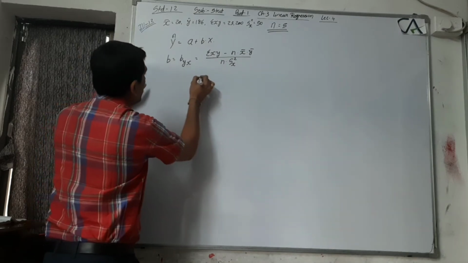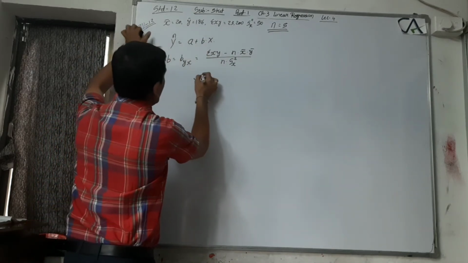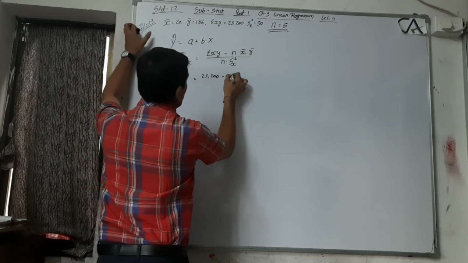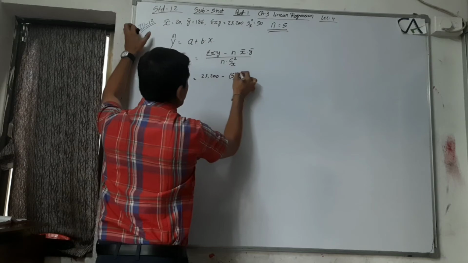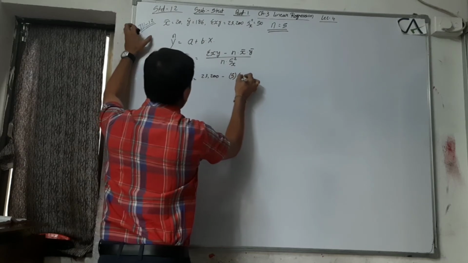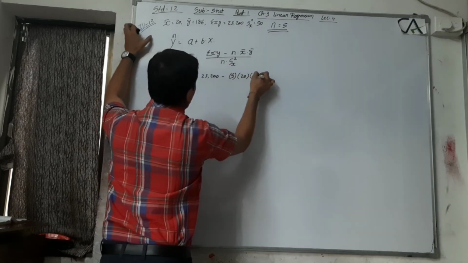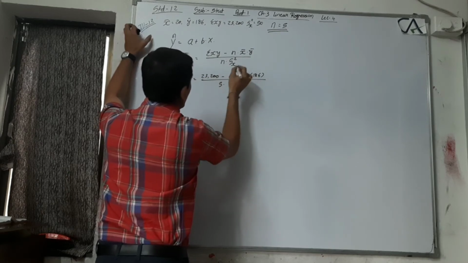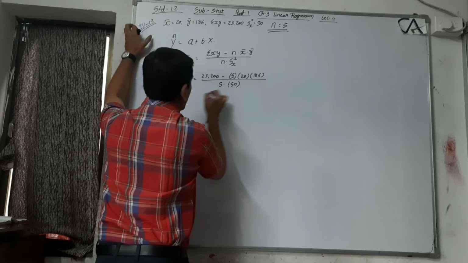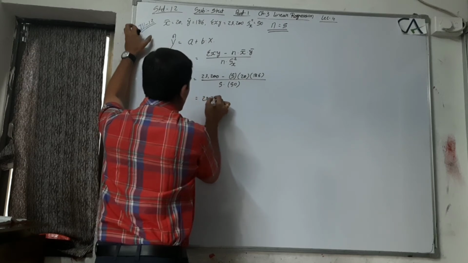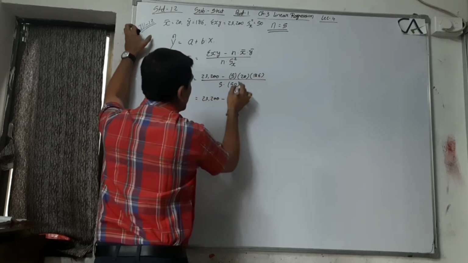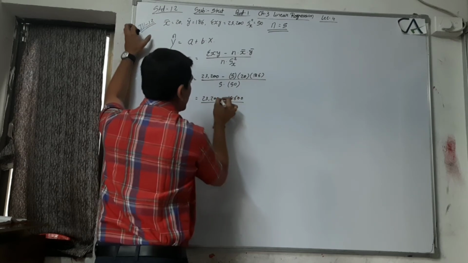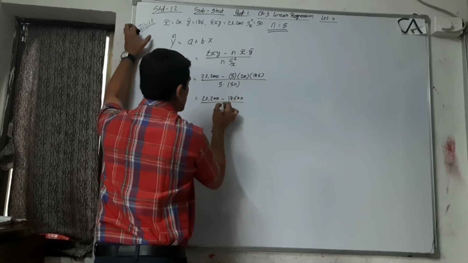Okay, so sigma xy is given 23,200. Now put the value only. N is equal to 5 into x bar, that is 20, into 186, that is y bar. And now n, that is 5 into sx square, that is 50. So here 23,200 minus 100 into 186, that is 18,600, then 5 into 50, that is 250.